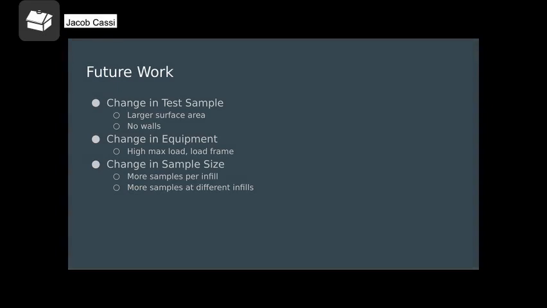Future work. The first thing that comes to mind in future work is a change in test sample. Our first design and test sample was very flat and not very tall. We could not get accurate readings off the load frame due to its low accuracy near zero.